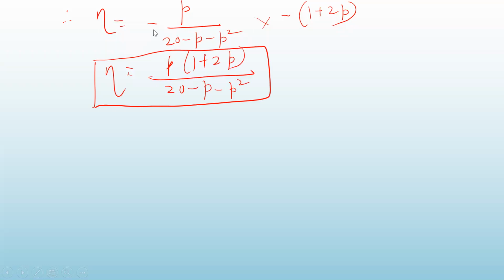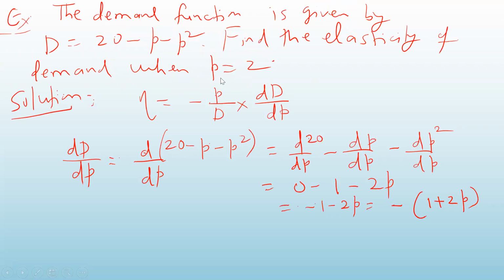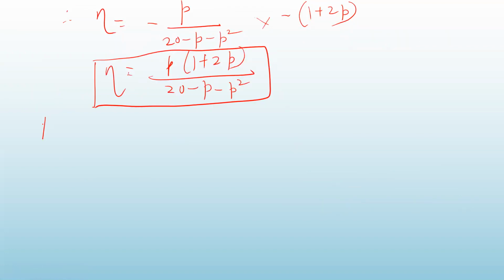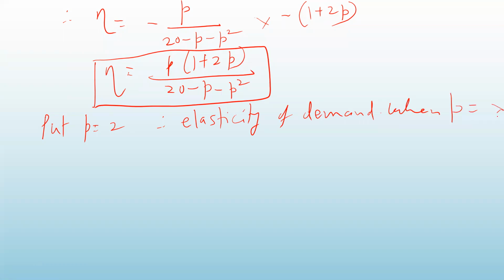Now we have to find out eta when price is 2. So put here P equal to 2. Therefore, what will be the elasticity of demand when P is 2?